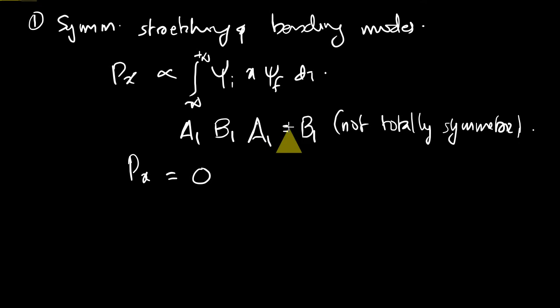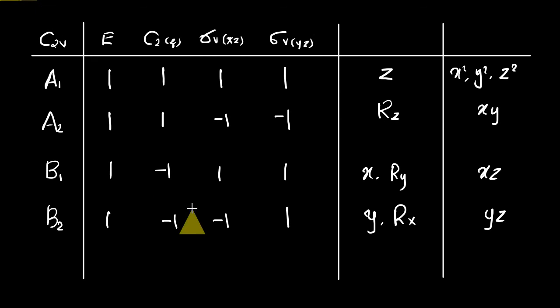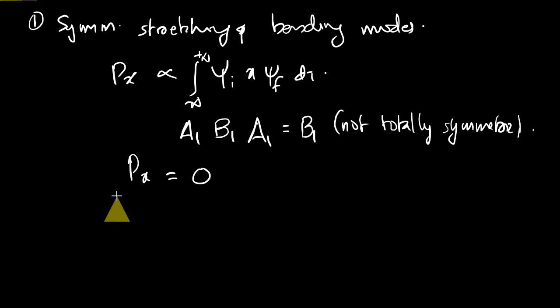And now what about Py? We know from the character table that y transforms as B2, right? So that is very important for us. Y corresponds to B2 symmetry. So what is the transition moment integral?